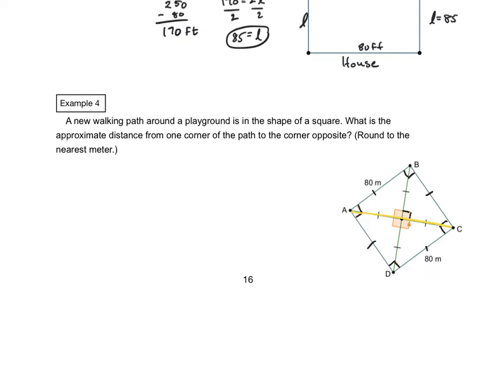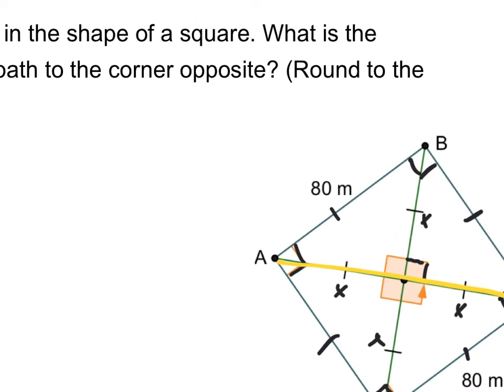So I can use the Pythagorean theorem, a squared plus b squared equals c squared. So I have x squared plus x squared equal to 80 squared. Combine like terms: 2x squared is equal to 6,400. Divide both sides by 2, and x squared is equal to 3,200.